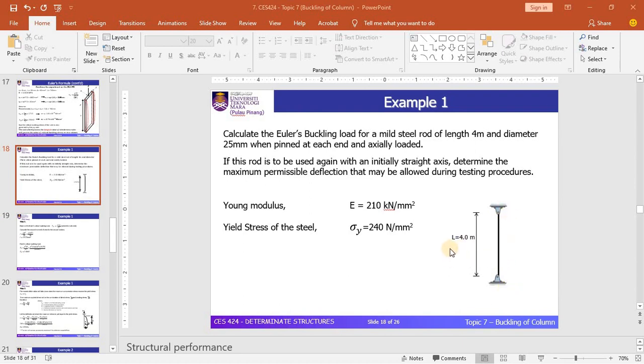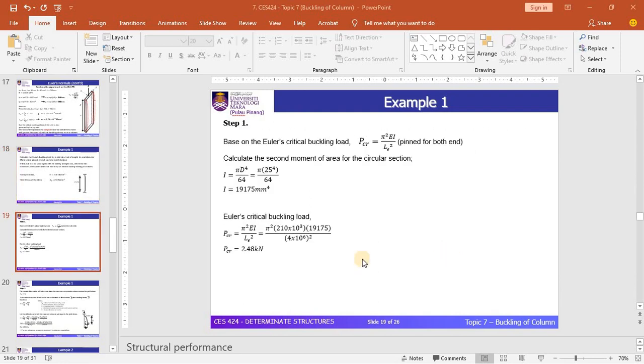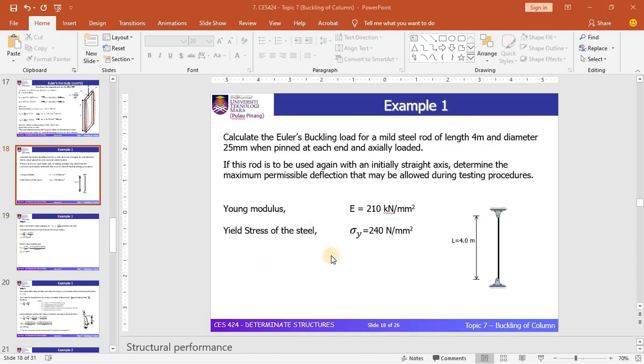Simplifying this, you can see that the critical buckling load for this problem is equal to 2.48 kilonewton.